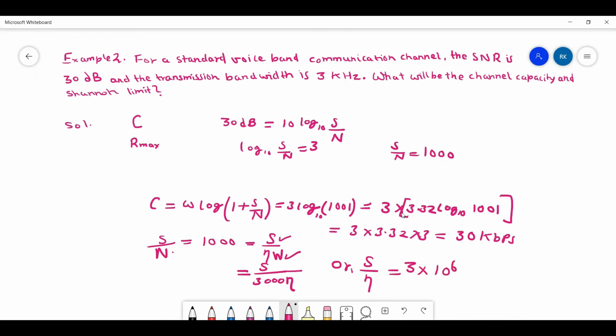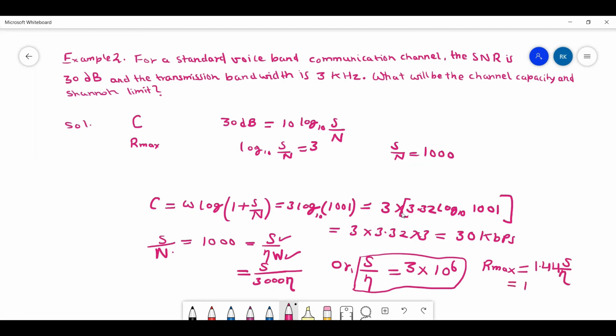Okay, let's remember this value because we are going to make use of this value in calculating the Shannon limit, which is the maximum information rate or R max. Remember its formula, in the last numerical also we had used it. So the value of log E there was 1.44, and that we had this value S upon eta multiplied with 1.44.